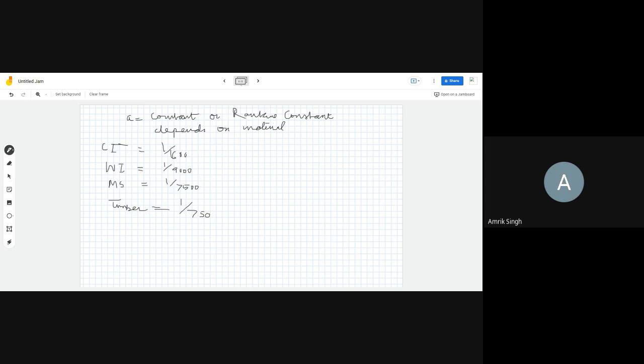From here, if we analyze this formula, 1 upon P is equal to 1 upon PC plus 1 upon PE, an easy way to remember. Now for a small column, L is small.